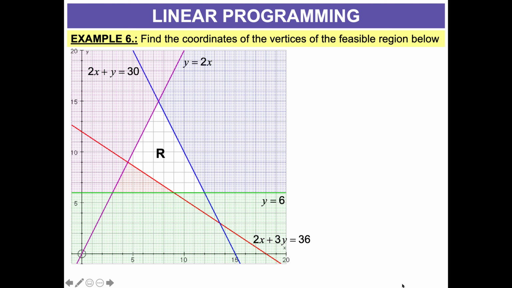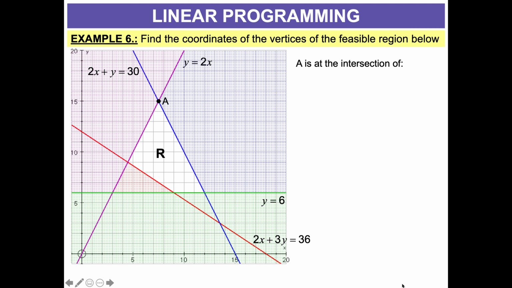We need to find the coordinates of the vertices of the feasible region below. So the region was identified. I think it's actually the same question or same region from example 5. And we just need to identify the coordinates of each vertex.